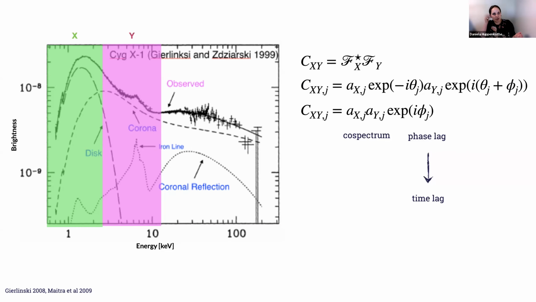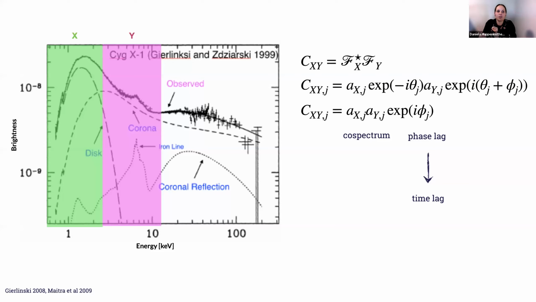And one thing you can do is, instead of doing a periodogram, you can do a cross spectrum, where instead of squaring your Fourier amplitudes, you take the Fourier transform of your time series that you integrated over this area X, this green area of the spectrum. So you collapse it down in energy, but only over a small part of energy, and you take the time series of that.